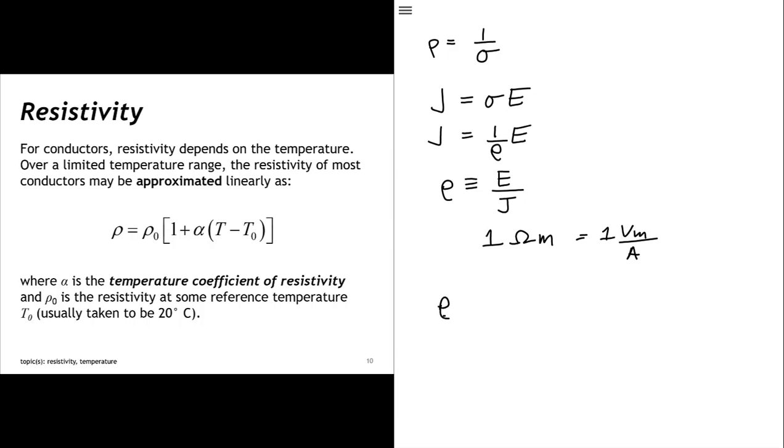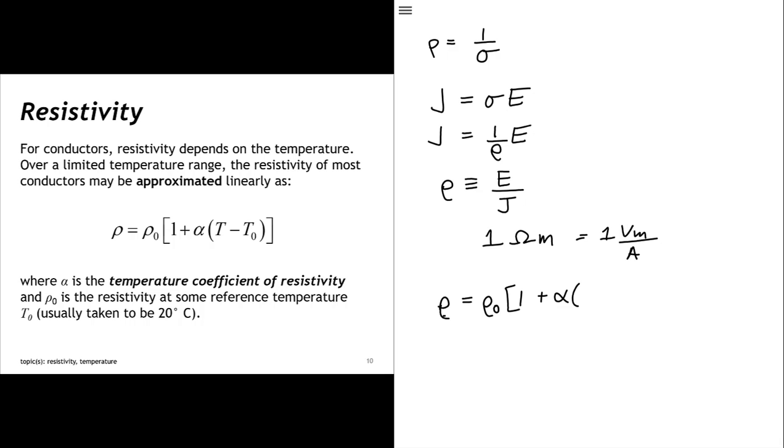That resistivity is equal to the resistivity at some reference temperature, usually taken to be 20 degrees, times the quantity of 1 plus the temperature coefficient of resistivity, which we will call alpha.